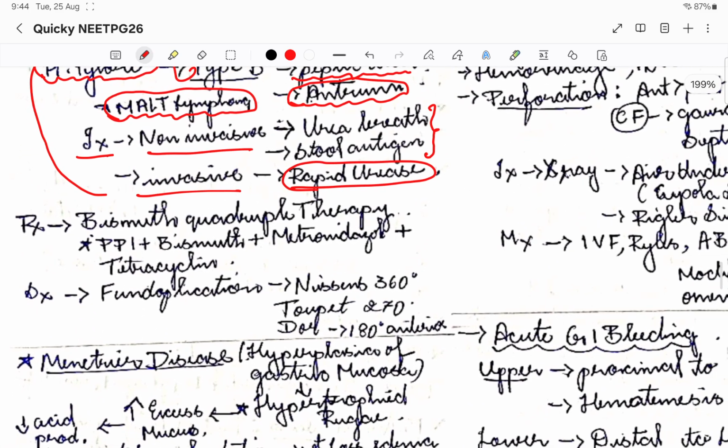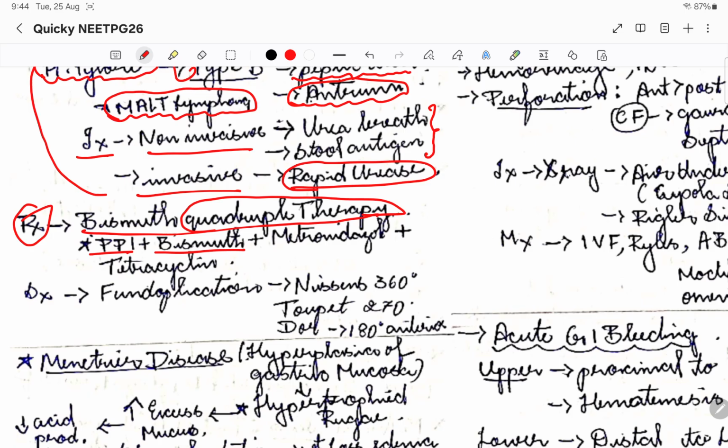How do we treat? Bismuth quadruple therapy. Previously it was triple therapy that we used to do, but now it has changed to quadruple therapy. We use PPIs, a bismuth preparation, metronidazole and tetracycline. Please remember this quadruple therapy is what we use for peptic ulcers.